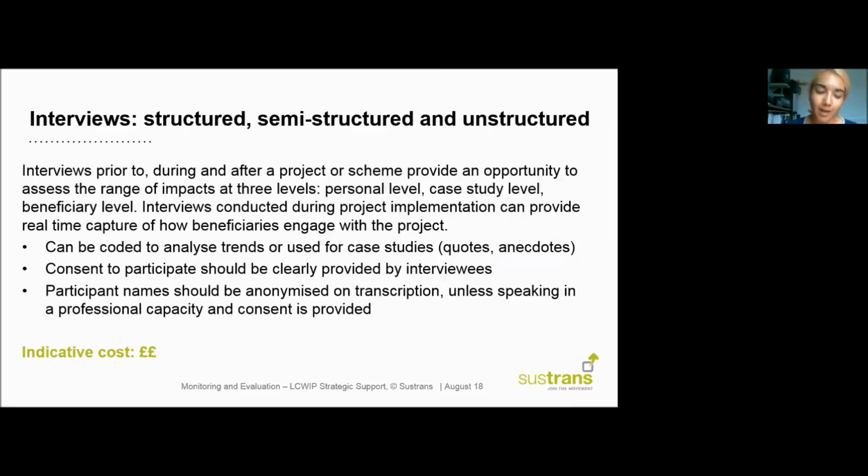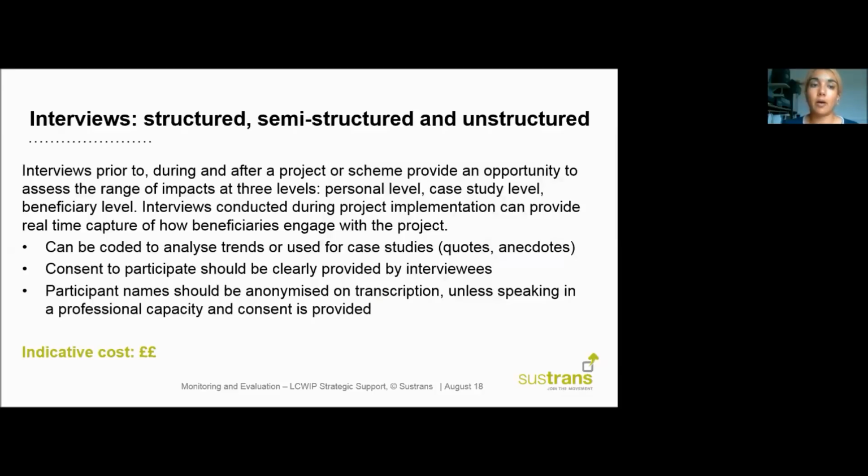It's more relevant in the context of behavior change projects, where if you're delivering engagements to change people's behavior, you may want to conduct interviews to see how they're interacting with that and identify if any changes might need to be made. So the interviews can be coded and analyzed the same way as focus groups. It can be a time-consuming process, or they can be written up as case studies.